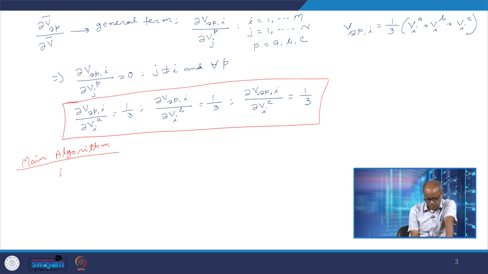first we form the Y bus matrix, then we initialize voltage magnitudes and angles.